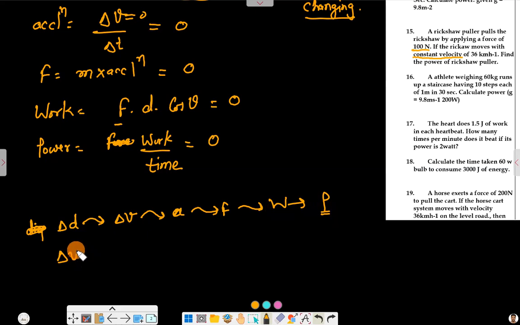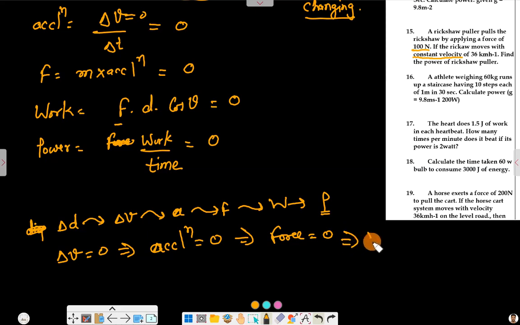If delta v is equal to 0, it implies acceleration is equal to 0. If acceleration is equal to 0, it means force is equal to 0. And if force is equal to 0, it means work is 0. And that further means that power is 0.